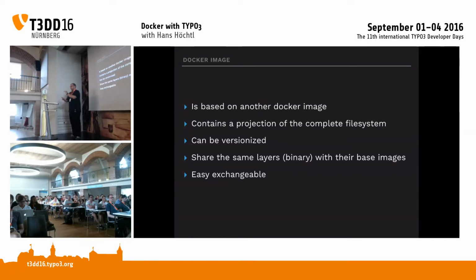If I now use another container that's based on the same image, you will only have those basic parts once on your hard disk. Because what it does, it just does a file system pointer to that compressed image, and the running container says, okay, that's the basic file structure, that is now made writable, and only the diffs that you make to that image are stored with the container.